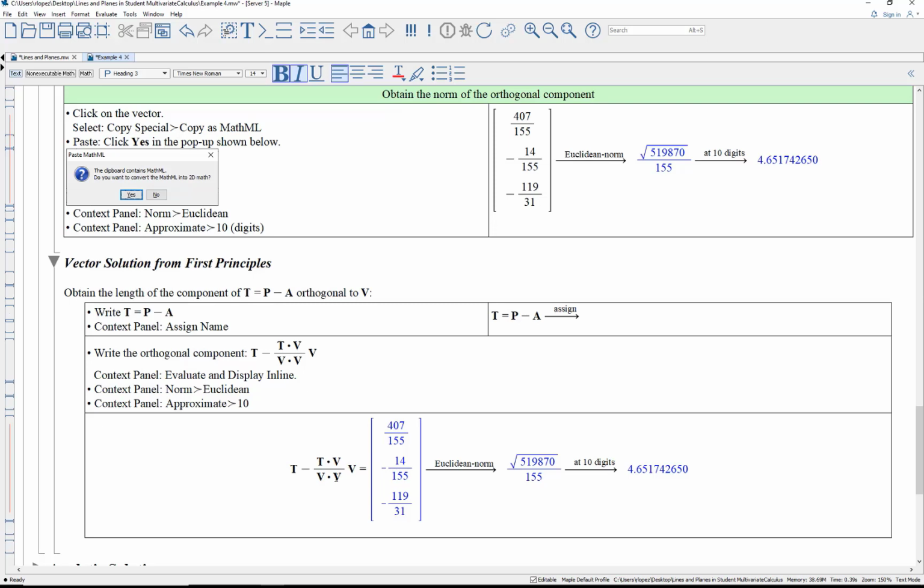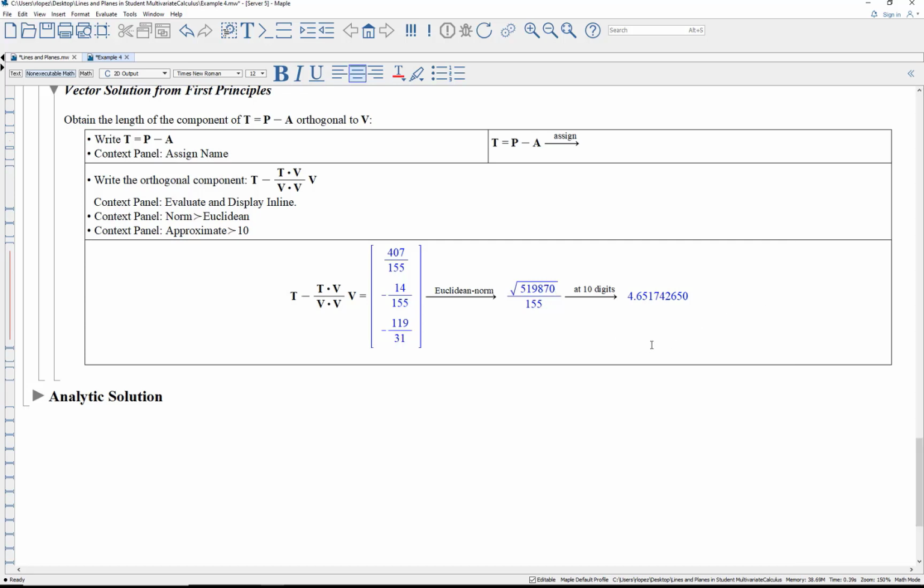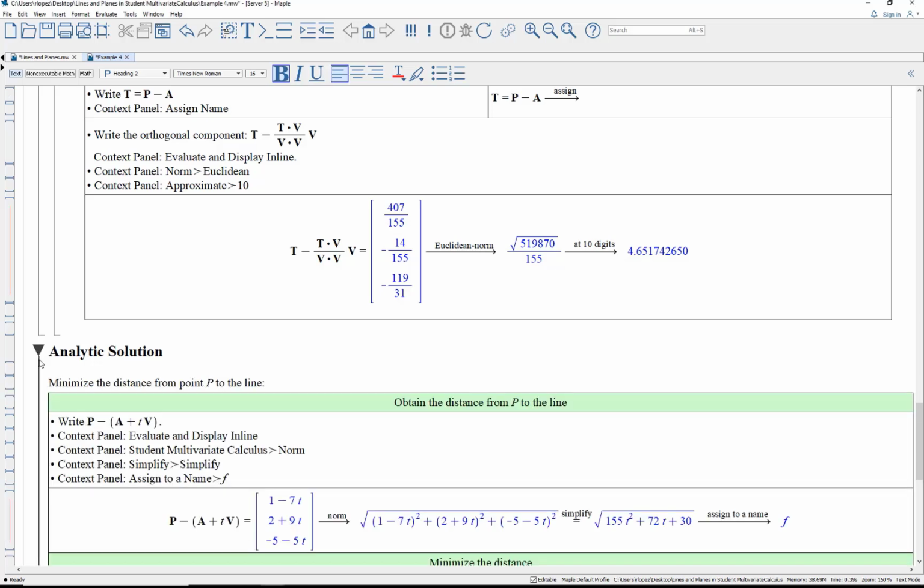You're projecting onto the green vector, and by subtraction, you get the orthogonal complement, which is the red line. This is the vector. So context panel, norm, Euclidean, and then approximate to 10 digits. There's even an analytic solution to this problem.